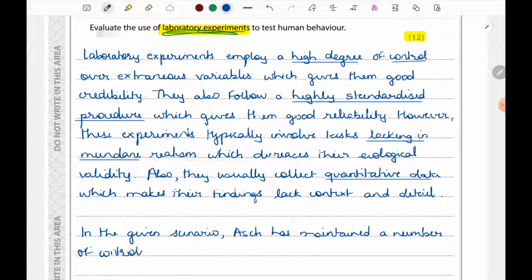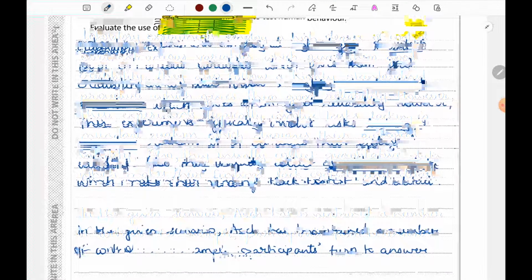For example, the participant's turn to answer has always been kept last.